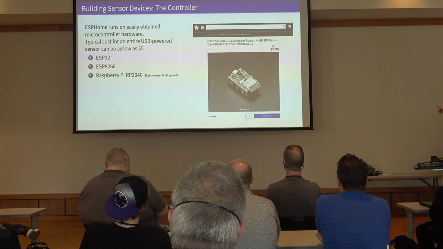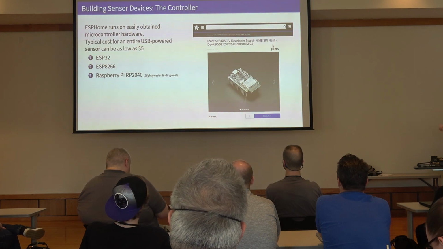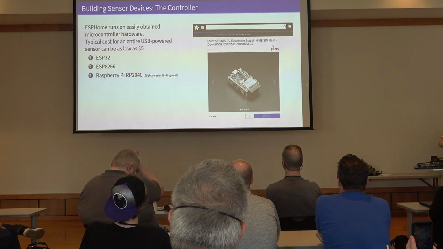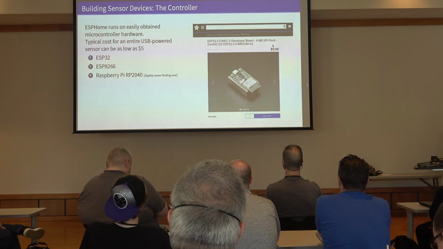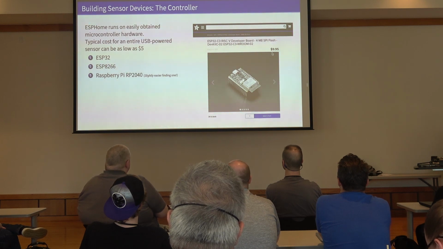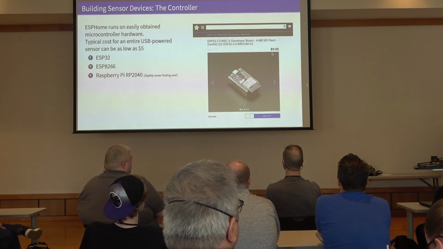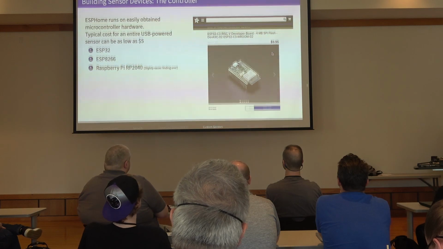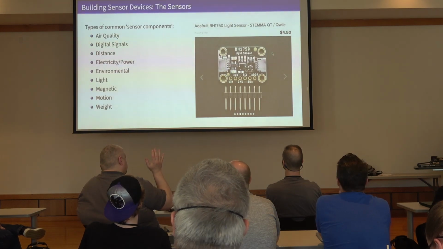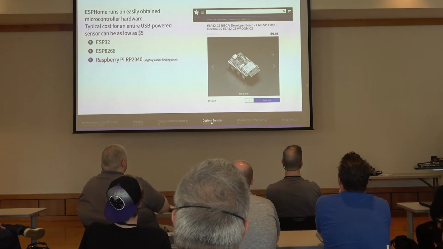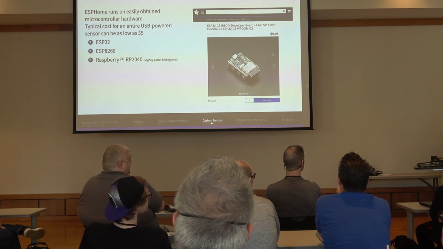Here's an example on Adafruit from Friday, I think? Thursday, Friday. There are 34 of these ESP32s in stock for the low price of $9.95. So they're very inexpensive to obtain. If you look on Amazon, I'm sure you can find them much cheaper, but I like Adafruit. What's the website? Adafruit.org. I'll drop a link later.